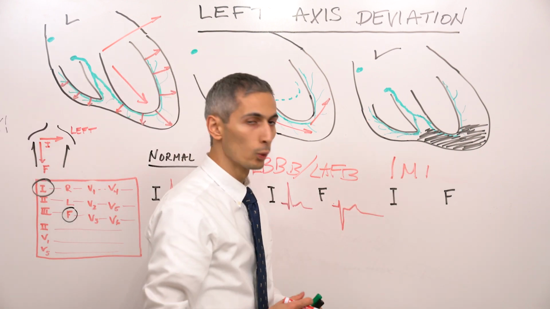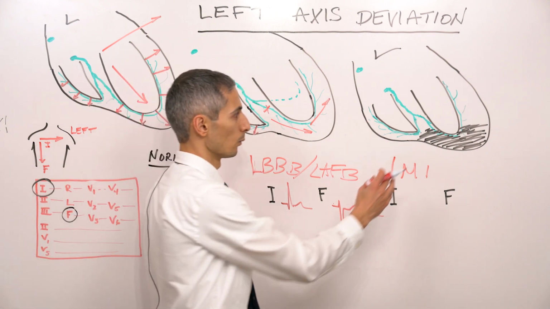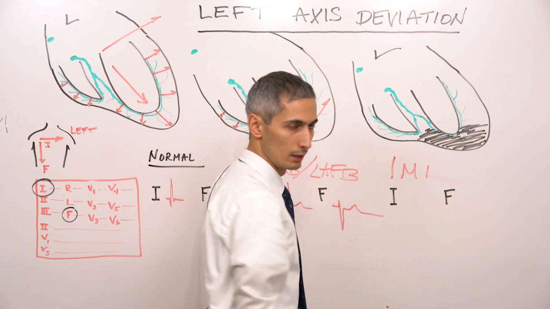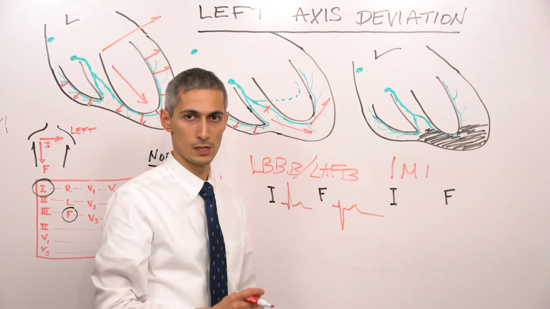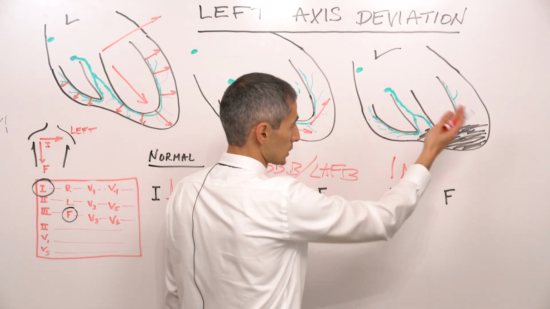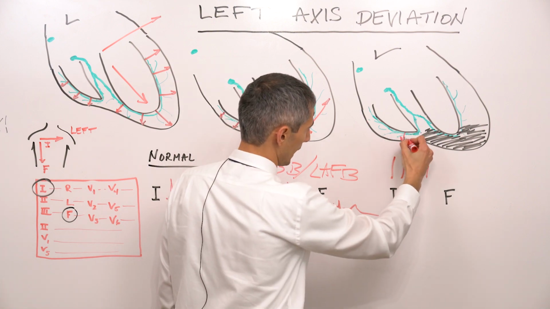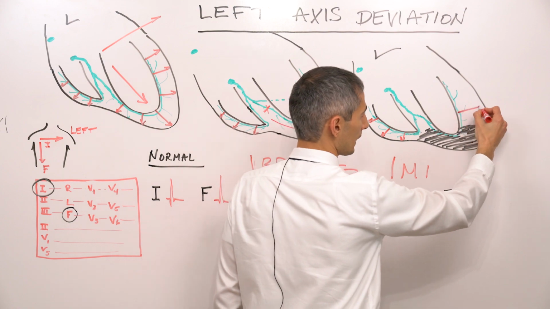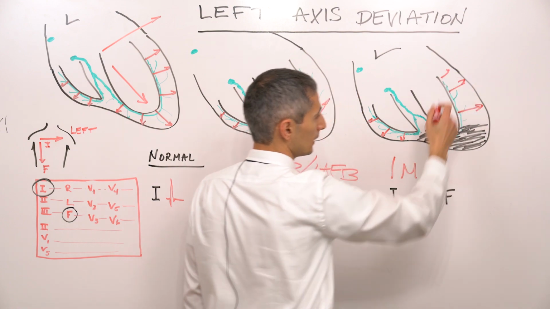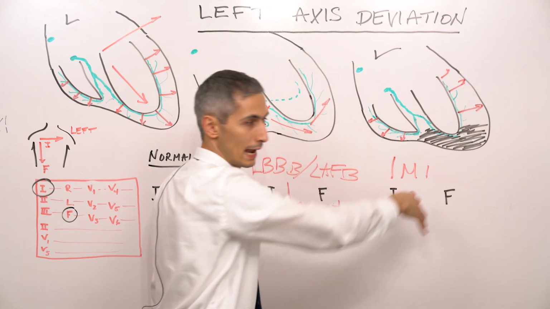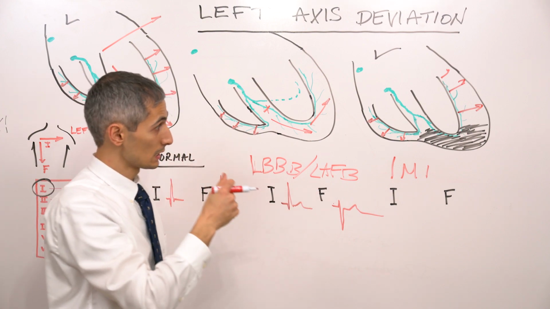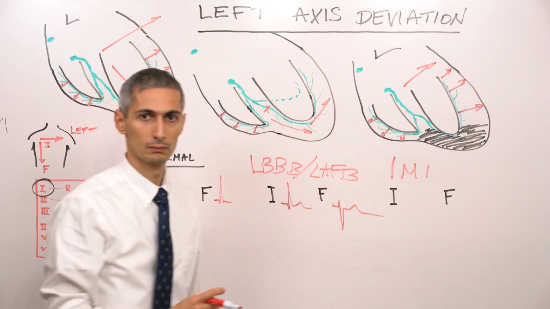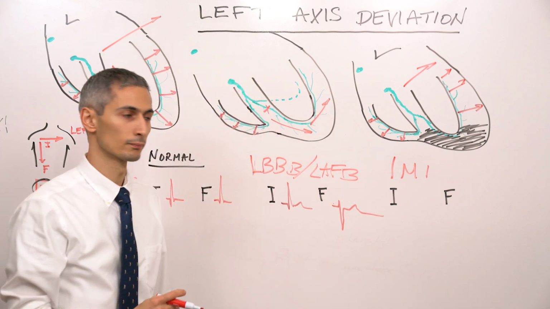In the case of an old inferior myocardial infarction, where instead of a normally depolarizing part of the ventricle here, you just have necrotic or scarred tissue, the conduction system is still working fine. So you're going to have a normal depolarization of the RV and of the normal parts of the LV, but because there are not as many of the downwards forces, you're going to have a net vector that ends up pointing up and to the left.